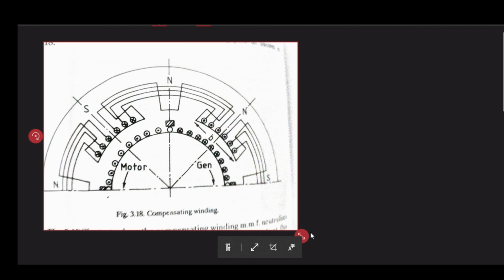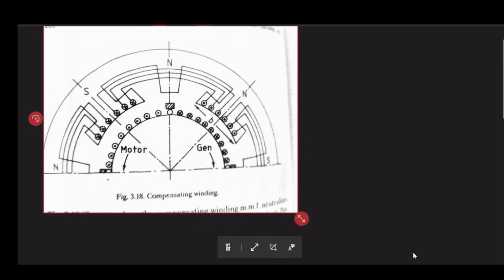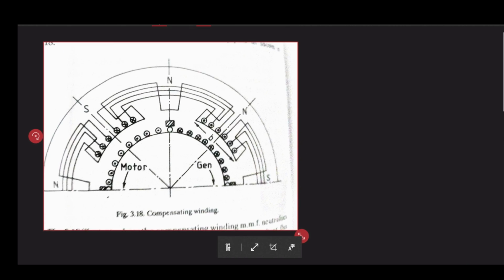So what would happen, try to understand that. What type of flux will be produced by this armature conductor, you can find it out by using the right hand thumb rule. They will try to produce a flux in this way, right?